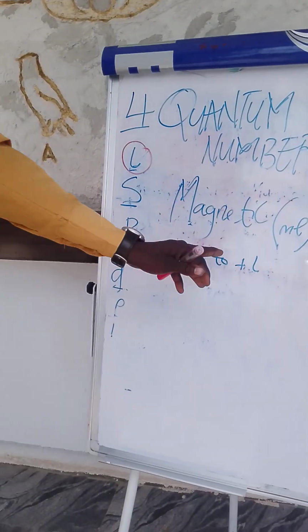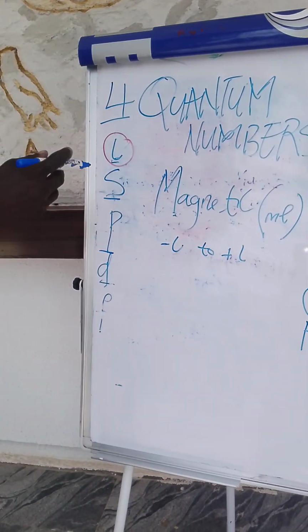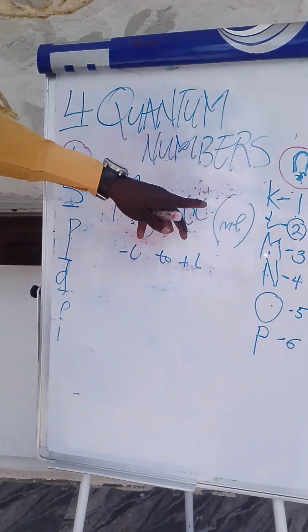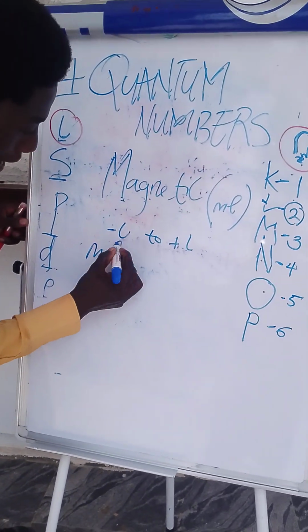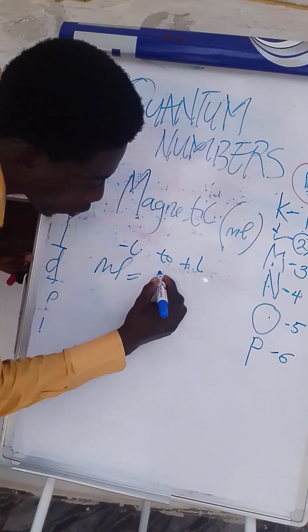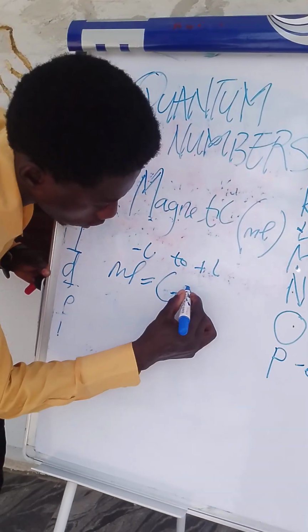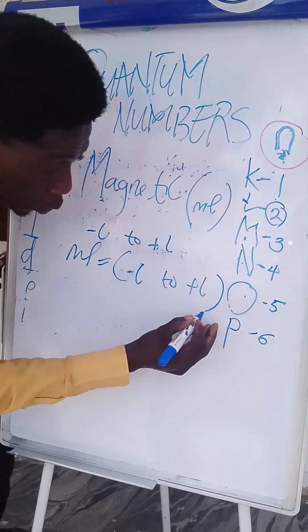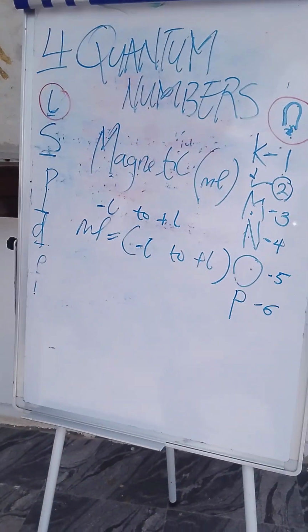If you don't know your azimuthal, you cannot get the magnetic. So your magnetic is from minus of your azimuthal to plus of azimuthal. When we get to the calculation aspect, you will understand this very well.